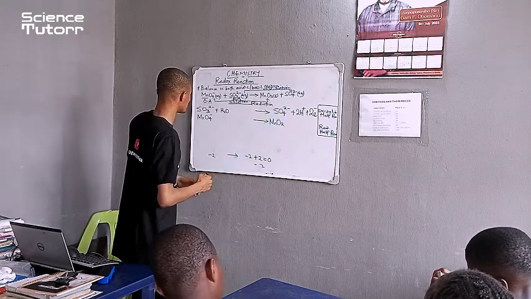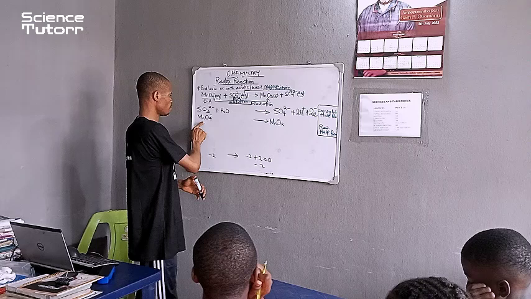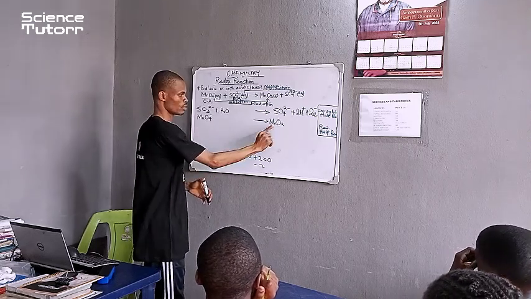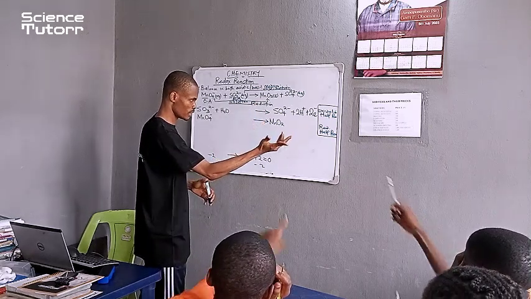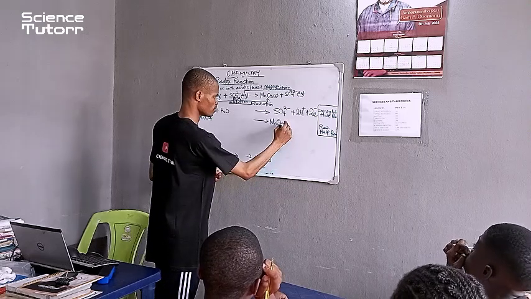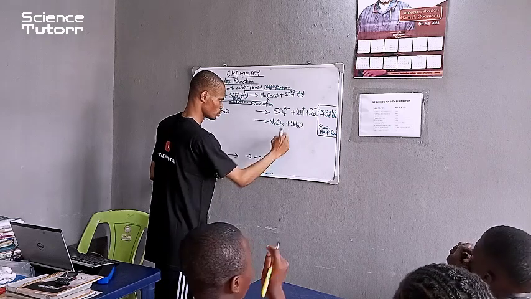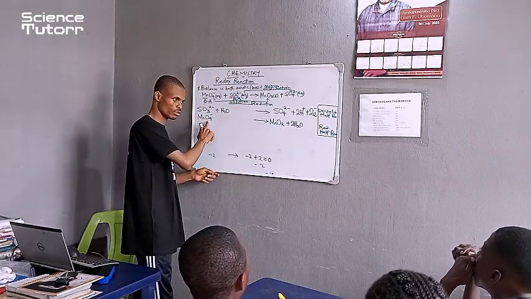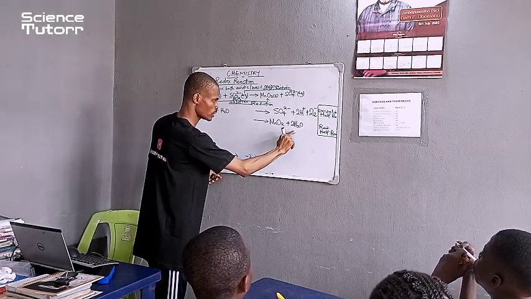So we have balanced the first case. Let's do the second case. Manganese is how many? Oxygen? Now do we add water? How many? 2 moles of H2O. So that we have 2 plus 2 balances 4. How many hydrogen? 4 hydrogen, right?